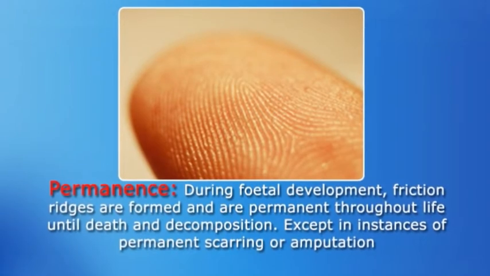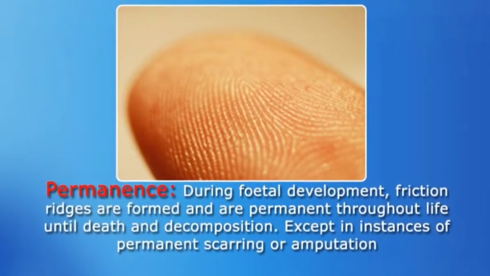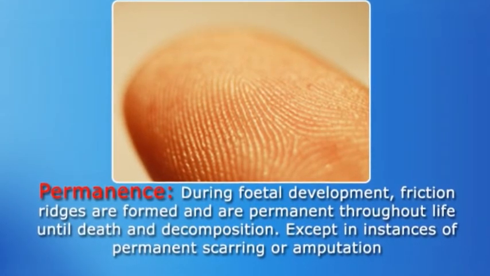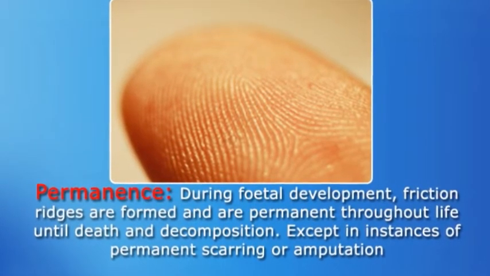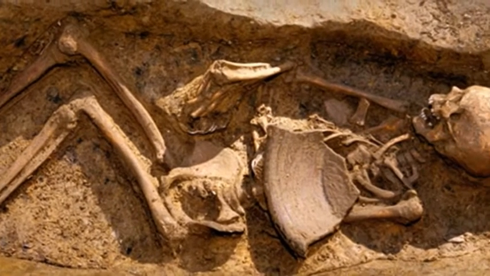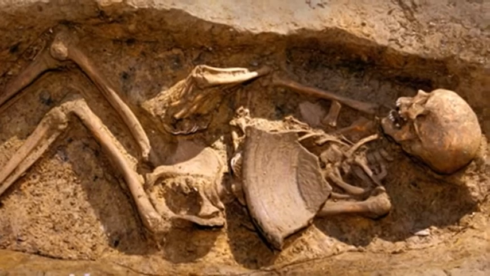In over 100 years of billions of friction ridge comparisons, no one has yet to find 2 areas of friction skin from different sources with same ridge configuration. Permanence. During fetal development, friction ridges are formed and are permanent throughout life until death and decomposition, except in instances of permanent scarring or amputation.